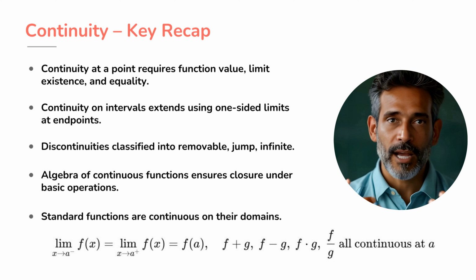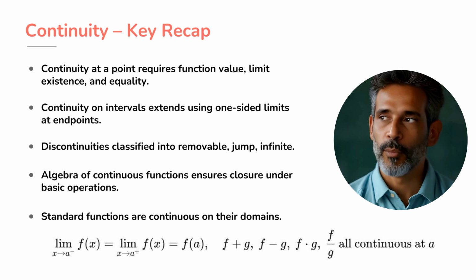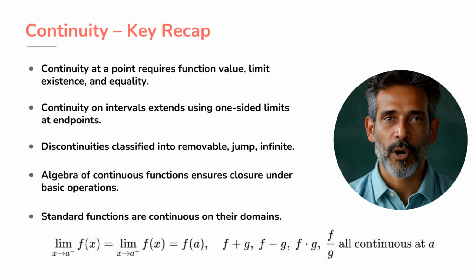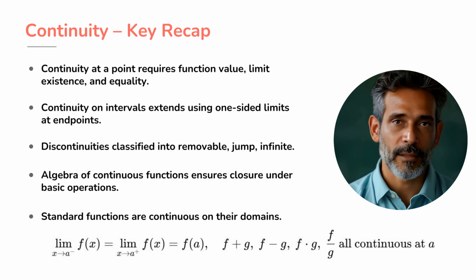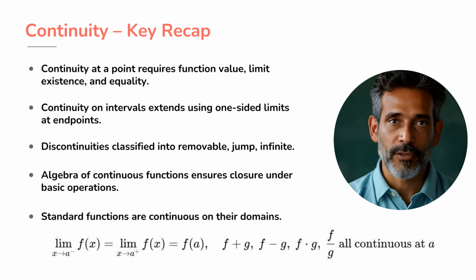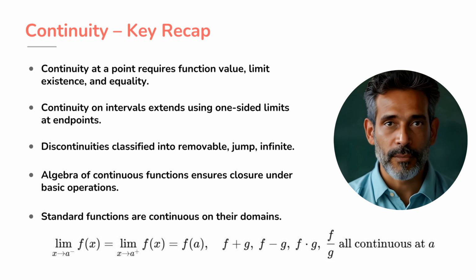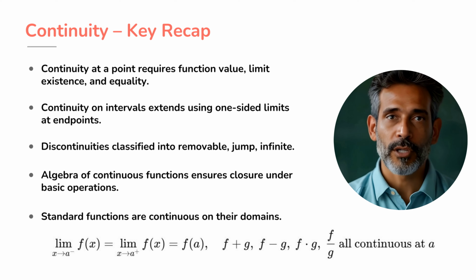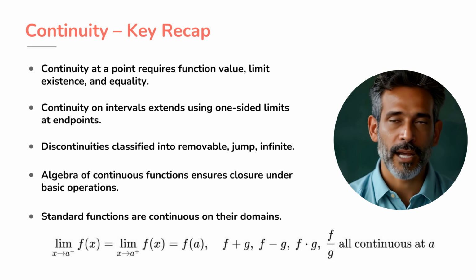Finally, we saw that standard functions like polynomials, sine, cosine, exponential, and logarithm are all continuous on their domains. So, continuity is the foundation that makes differentiability possible. And in the next video, we'll take the natural next step, differentiability, and how continuity ensures smooth slopes and tangents.